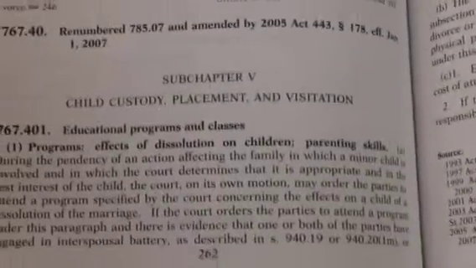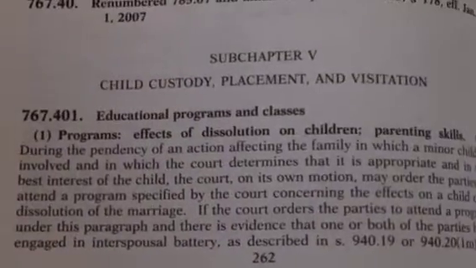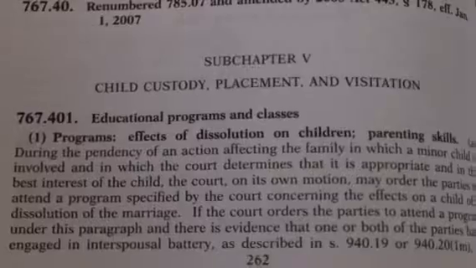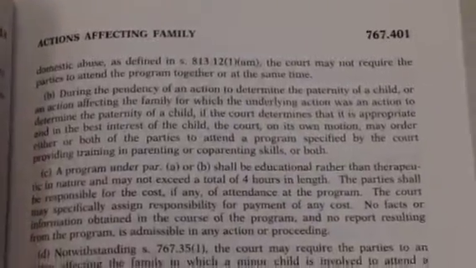Back at the statutes, and Barb, what are you looking for? 767.401. So Barb, looks like you hit the jackpot. There's a whole subchapter on child custody, placement, and visitation. There is a statute about educational programs and classes. We can look at other statutes, but what we can also do is look and see if there is an index.